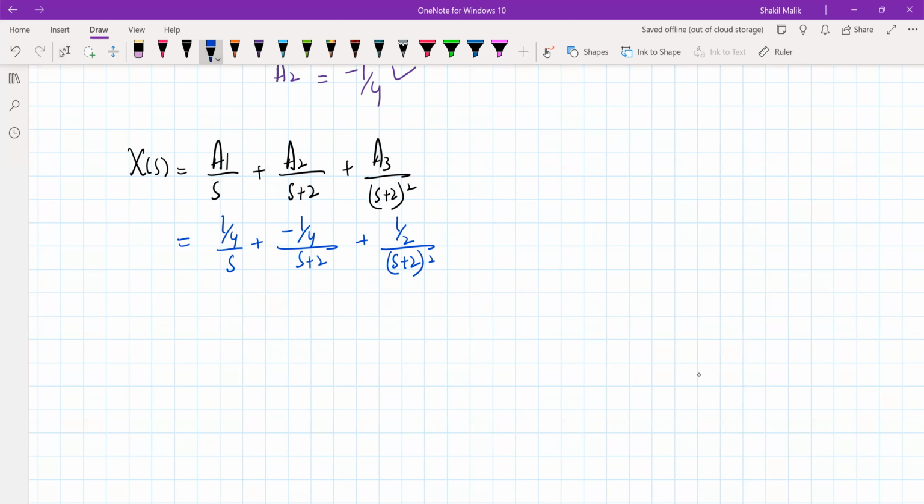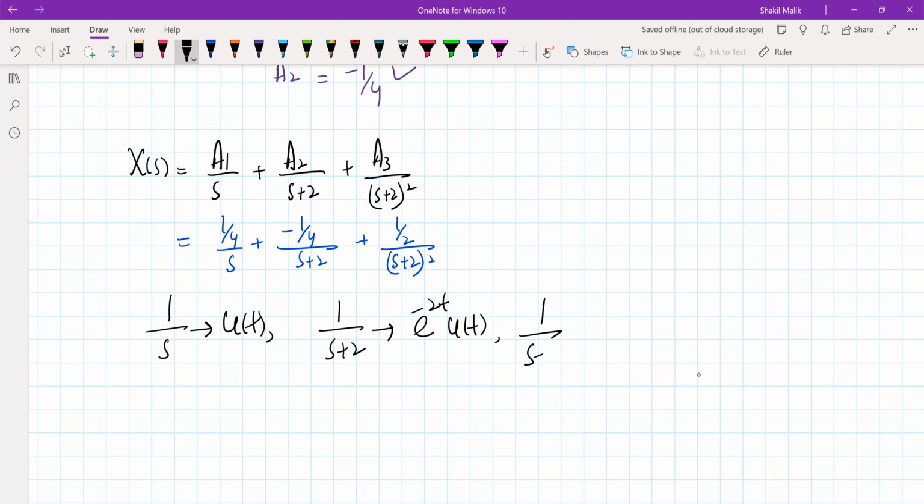Now we know the inverse Laplace transform of 1 by S is u of t. Inverse Laplace transform of 1 by S plus 2 is simply e to the power of minus 2t u of t. And inverse Laplace transform of 1 by S plus 2 whole square is simply t times e to the power of minus 2t u of t.